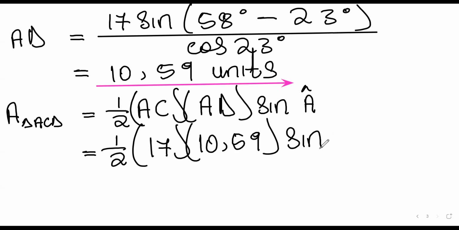And theta, they told us that theta is 58 degrees, but angle A is 90 degrees minus 58, which has to be 32 degrees. And now we can press everything into our nice calculators.